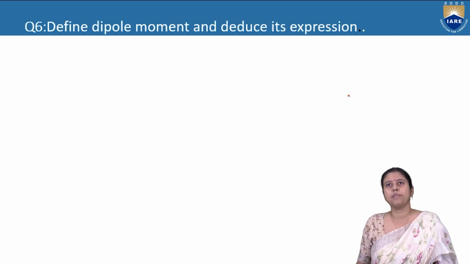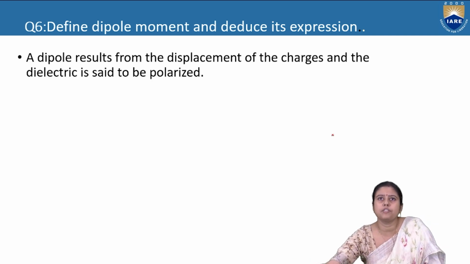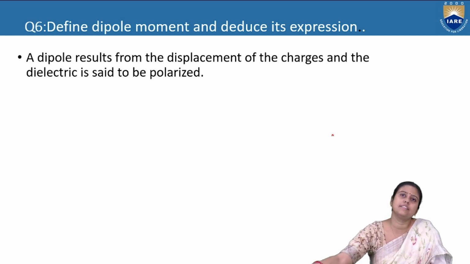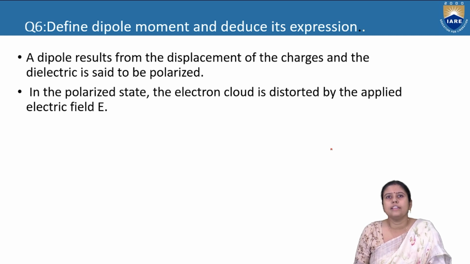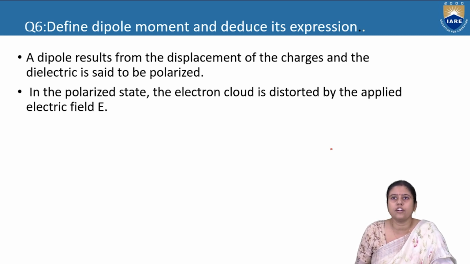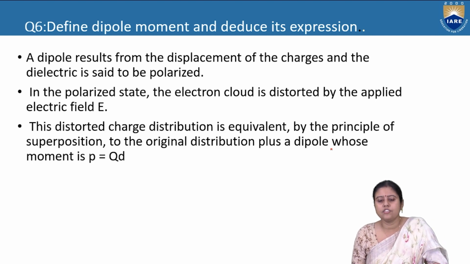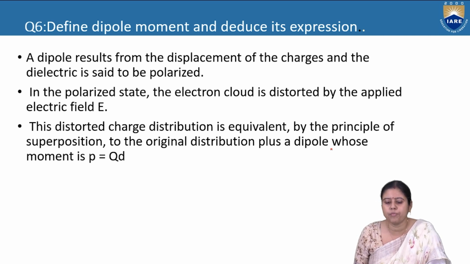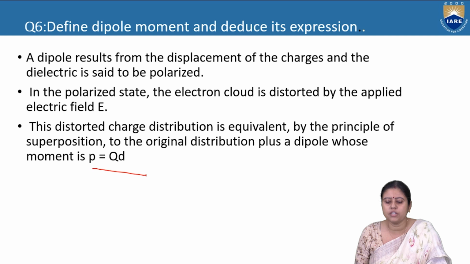Define the dipole moment and deduce its expression. A dipole results from the displacement of the charge, and the dielectric is said to be polarized. In the polarized state, the electron cloud is distorted by the applied electric field E, and the distorted charge distribution is equivalent, by the principle of superposition, to the original distribution plus a dipole whose moment is P is equal to QD.